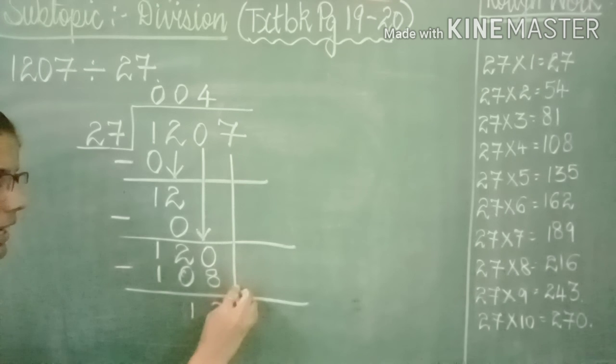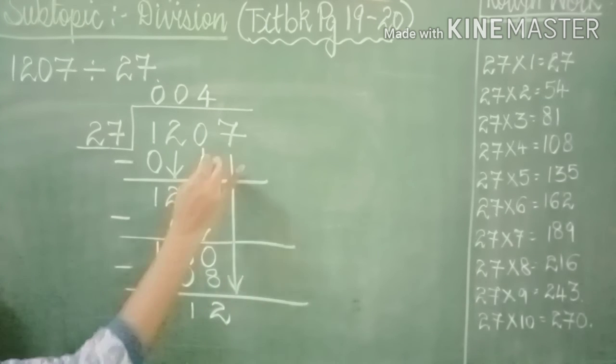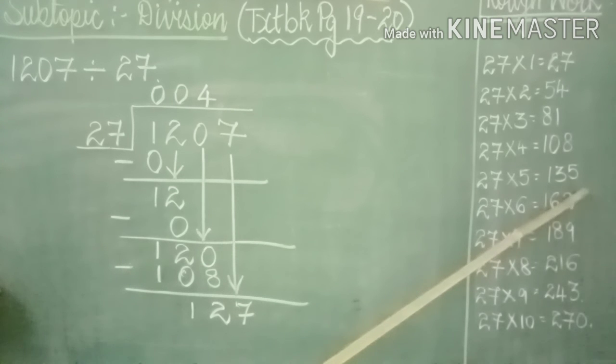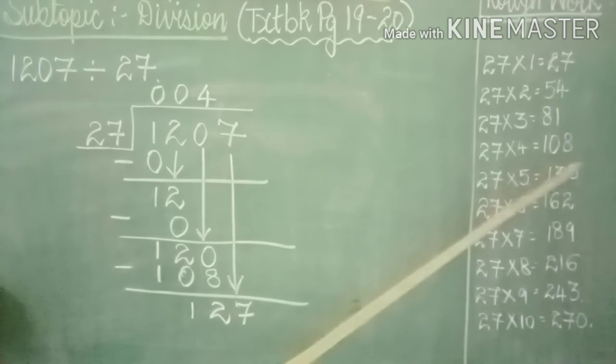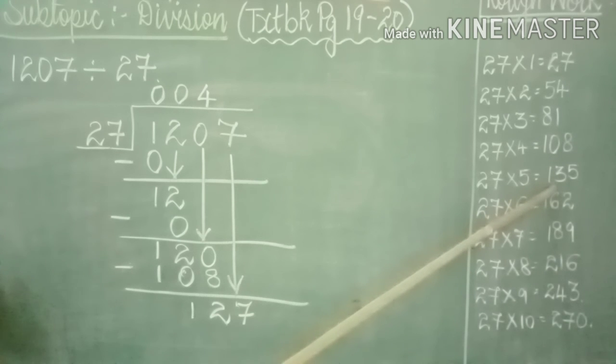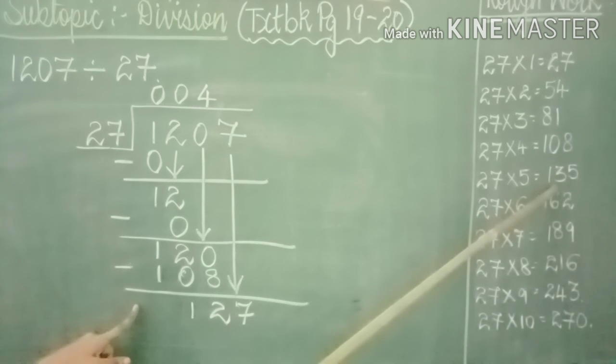Now we have to pull down the next number, that is 7, and we will be writing 127. Now below 127, as you can see, 27 fives is 135, 27 fours is 108. So what are we going to write? 135? No. Why? Because this is a bigger number. Which number are we going to write?